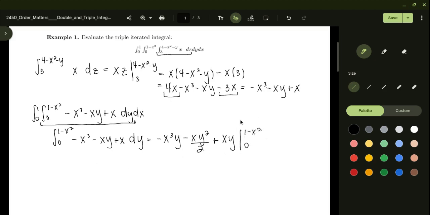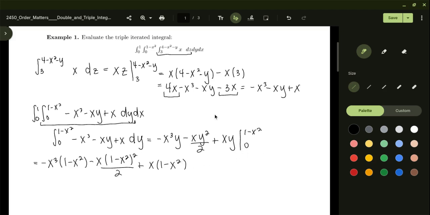Again, plugging in these bounds for y, since that's what we just integrated with respect to, and then subtracting the resulting expressions, we get negative x cubed times 1 minus x squared, minus x times (1 minus x squared) squared over 2, plus x times 1 minus x squared.